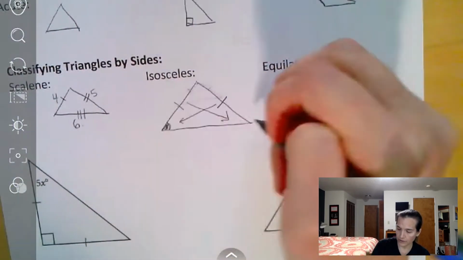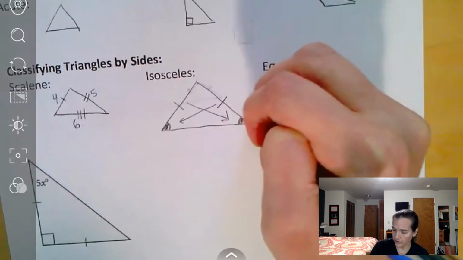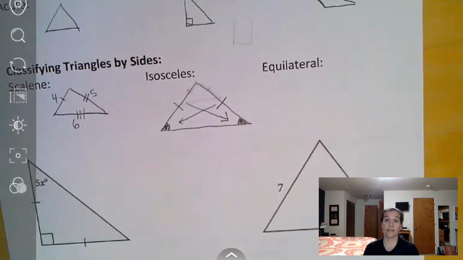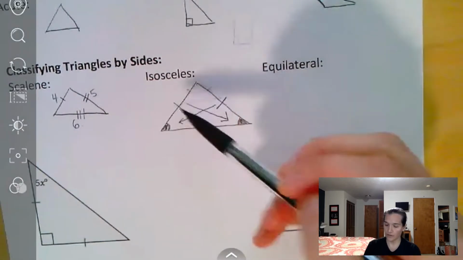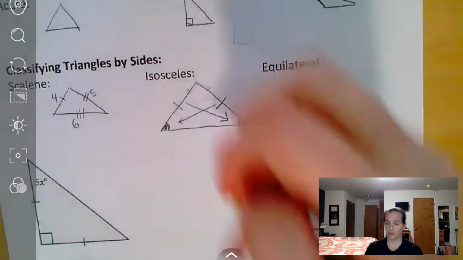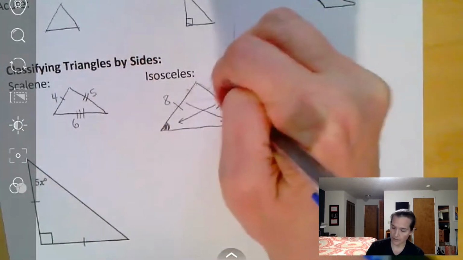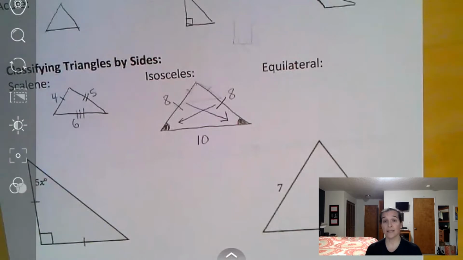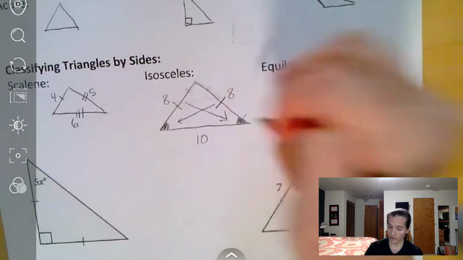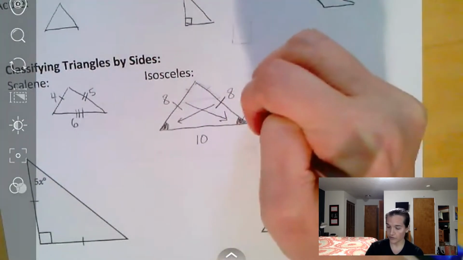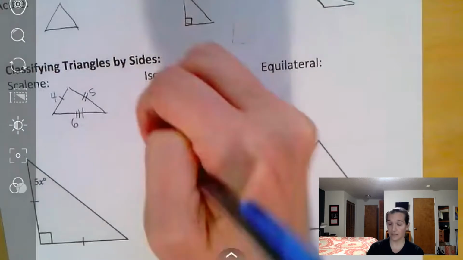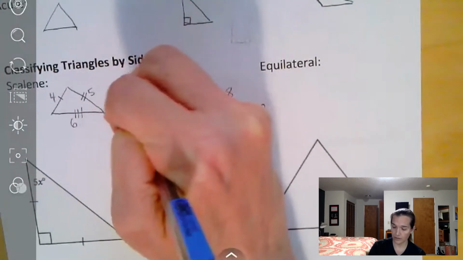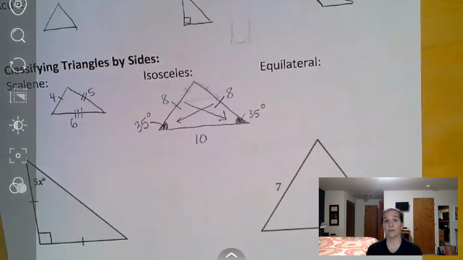So this angle here and this angle here are going to be the exact same size if these 2 sides are equal. So maybe this side is 8 and this side is 8. Maybe this side down here is 10. When it comes to angles, if this angle here is 35 degrees, that means this angle here has to be 35 degrees as well. So the angles across from the equal sides are also equal.